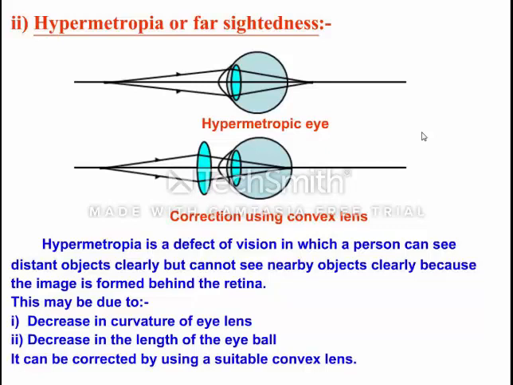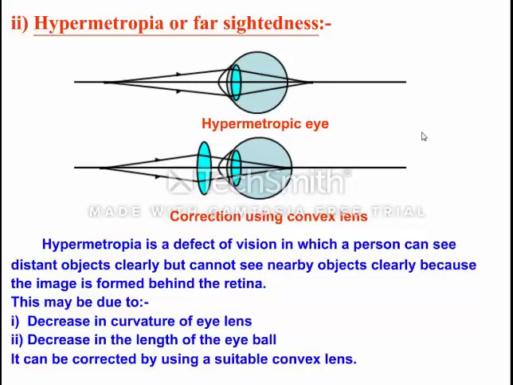But if a person is wearing specs whose focal length is negative, he is suffering from myopia. Generally it is said that till 35 years of age a person can suffer from myopia. Beyond that a person can suffer from hypermetropia.